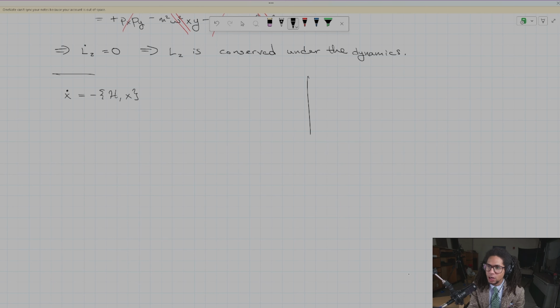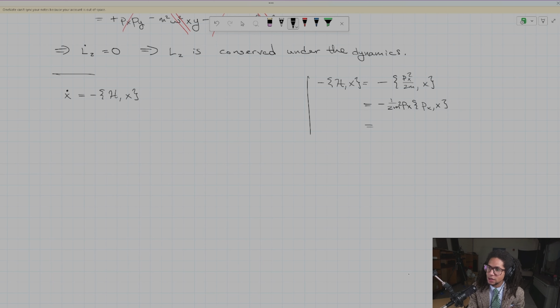The only part of h that matters for us here, so minus h bracket x, the only part that matters is the px part on the left, because that's the only part that's going to have a non-zero bracket with x. And by everything we saw above, it's actually possible to show, without too much difficulty, that this is just px times 2 times px bracket x.